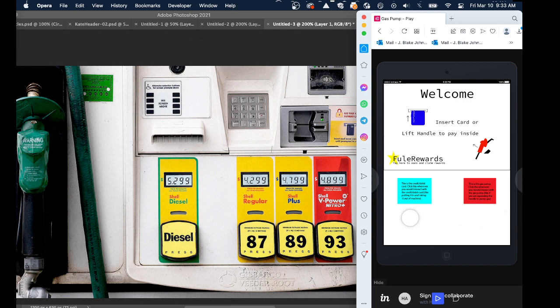I'm willing to help you render out more of the full gas station pump and help identify what's physical versus what's touchscreen. And I think with all those things together, we can make a much better interface.